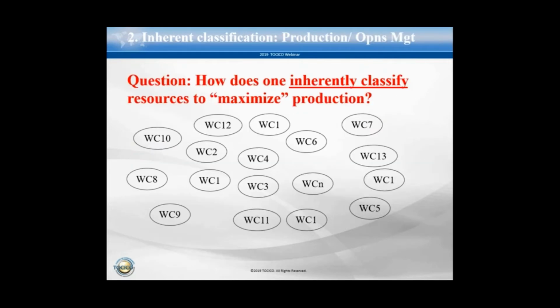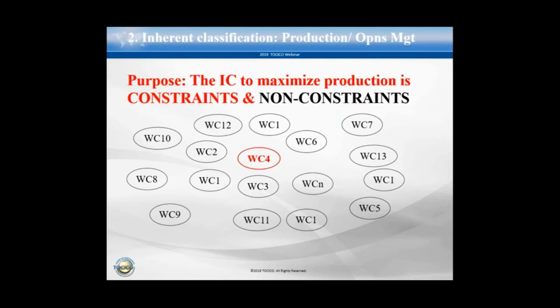Let's talk about some examples of inherent classification: production operations management. How does one inherently classify resources to maximize production? If you're a TOC expert, how do I classify those resources? The inherent classification to maximize production is identify the constraint or constraints and the non-constraint.